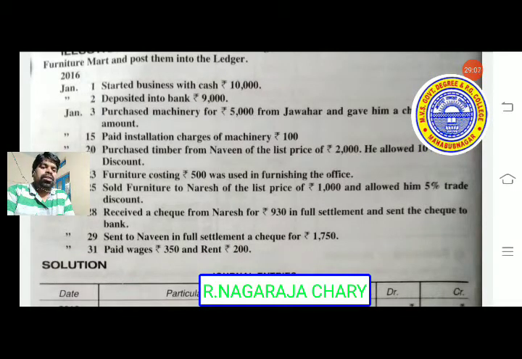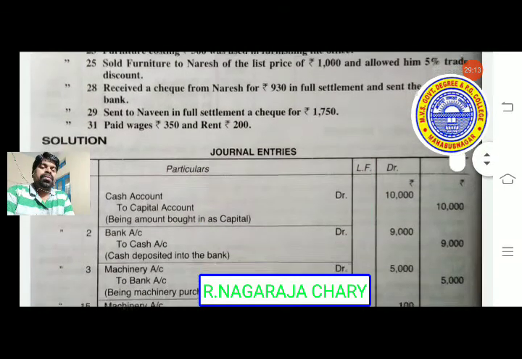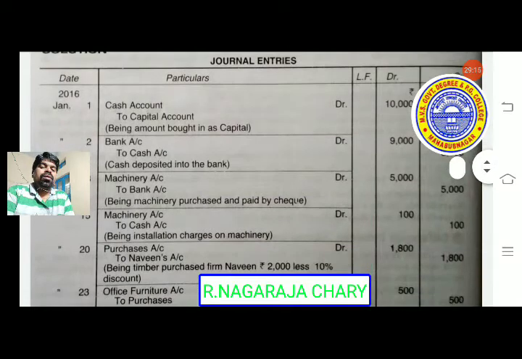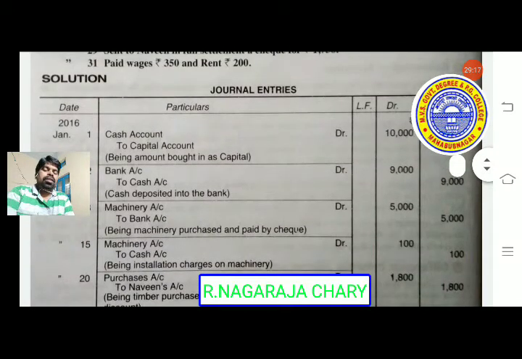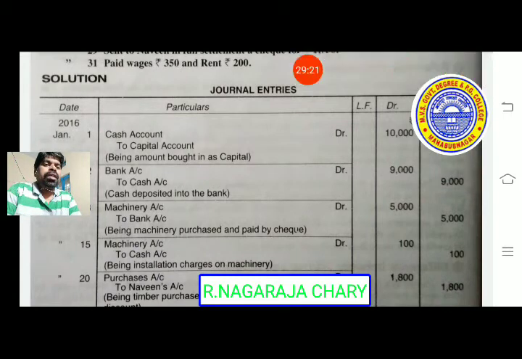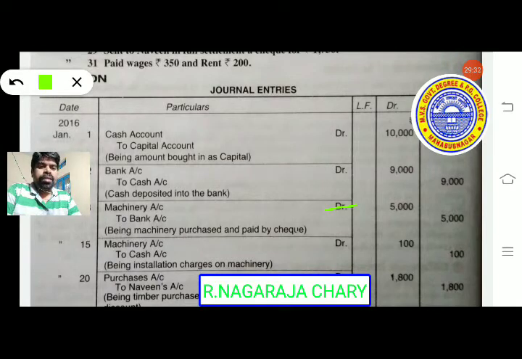For that, what do we have to write? Machinery is purchased. Machinery comes under real accounts. So, according to real accounts, machinery is to be debited, because machinery is coming inside the firm.